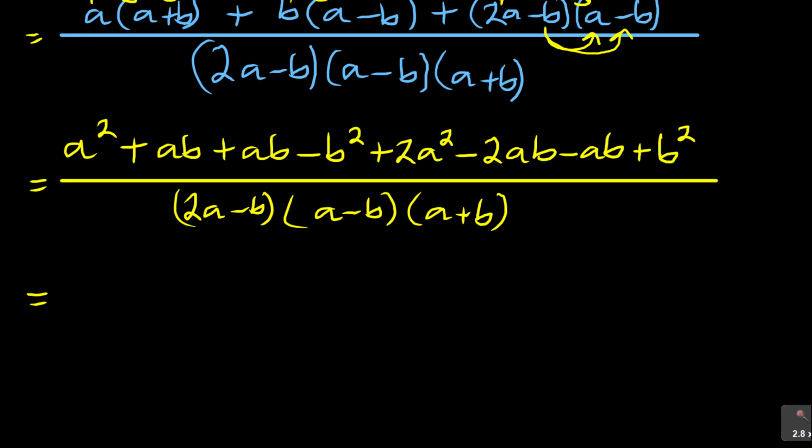Now group like terms, meaning look at what is similar. There is a squared, there is 2a squared. So I'm going to bring it together, which is a squared together with the sign plus 2a squared. And then let's focus on the b squared part. I've got minus b squared plus b squared.